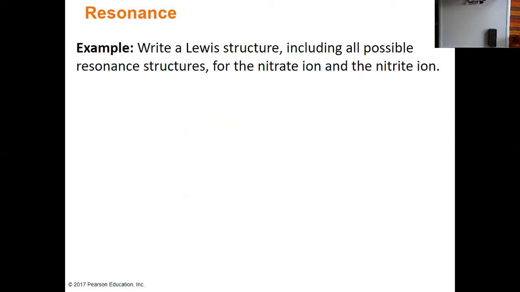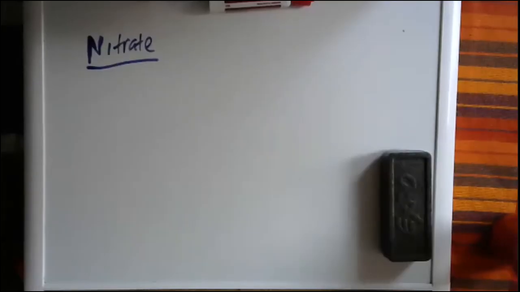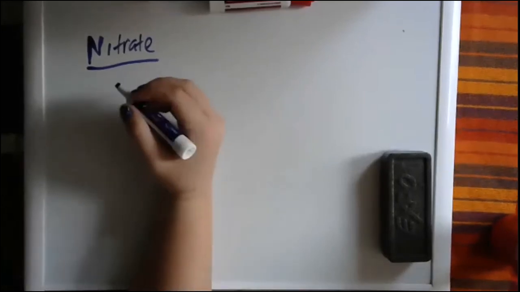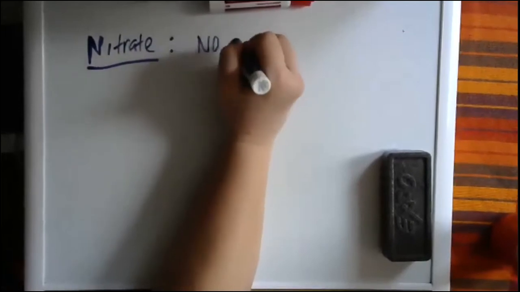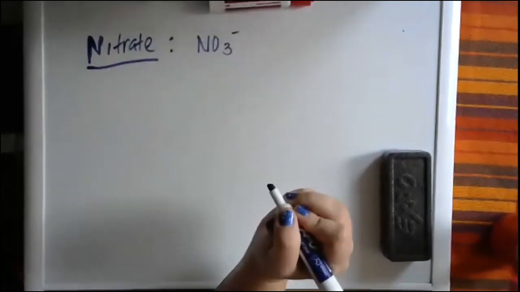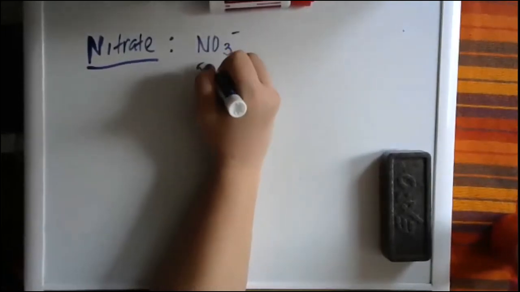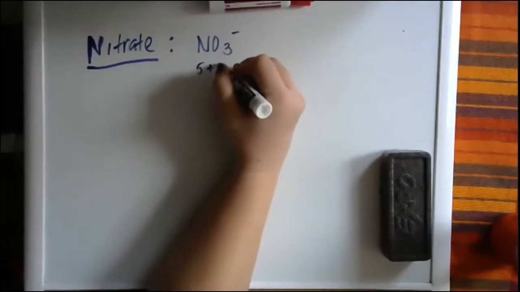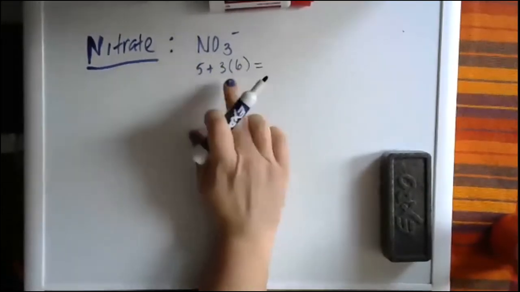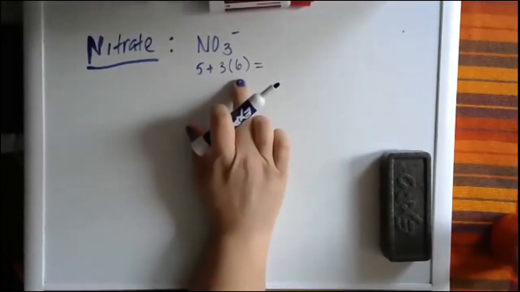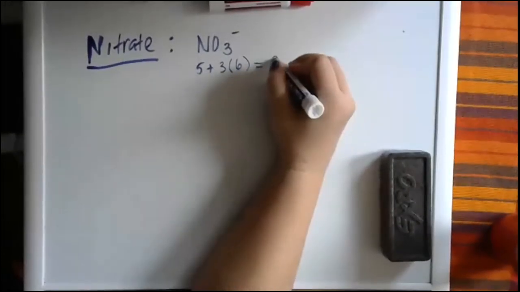So let's start with the nitrate ion. We know that that is NO3 minus 1. So we're going to figure out the valence electron number first. Right, so that's 18, 19, 20, 21, 22, 23.